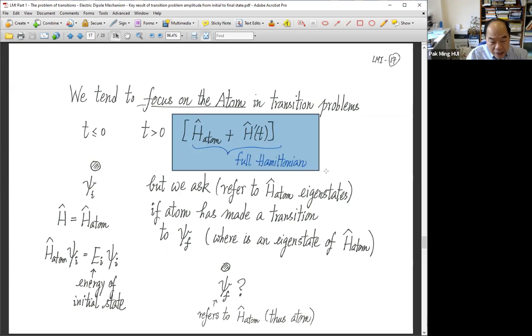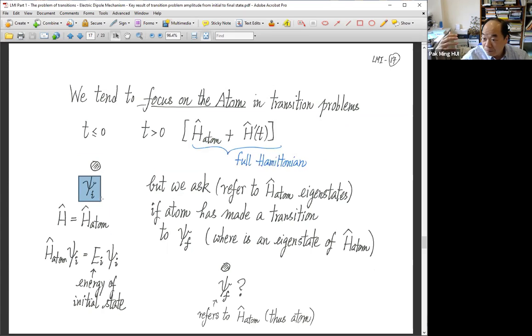Then this initial state should evolve in time, but in a rather different way than if you only have the atomic part of the Hamiltonian. Then at time t, you ask, is there any chance to find the atom in a different state, called the final state, okay?